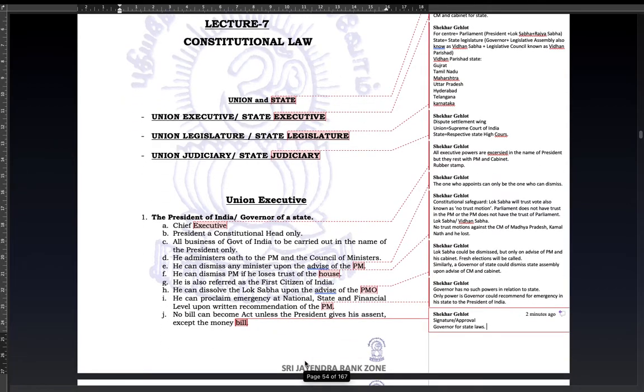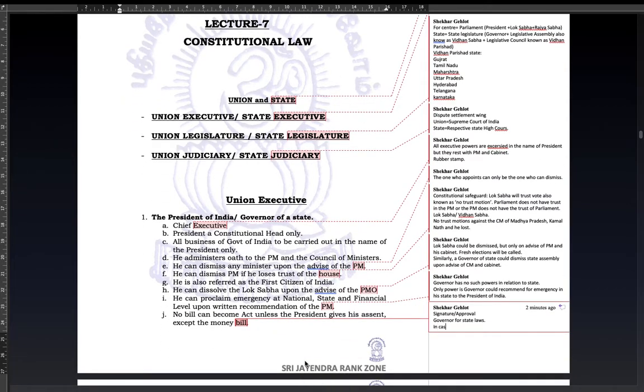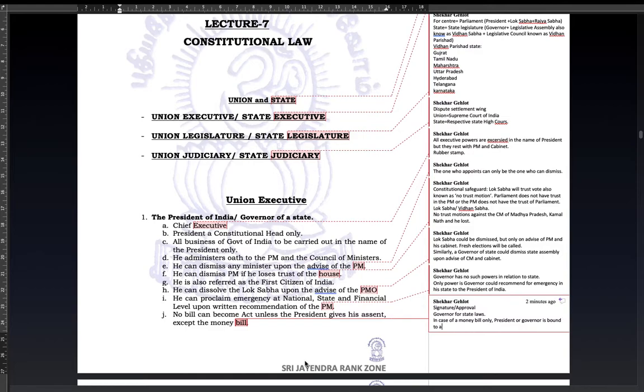Okay, in case of a money bill only, President or Governor is bound to approve it. Okay, because this is a special bill.